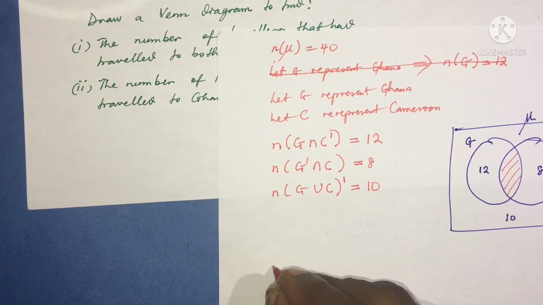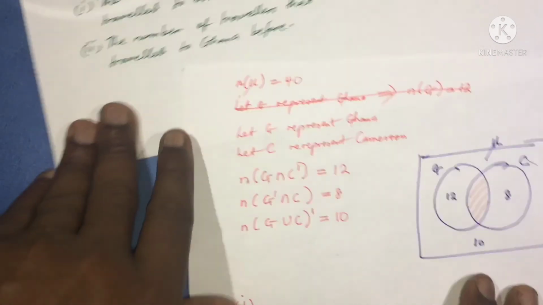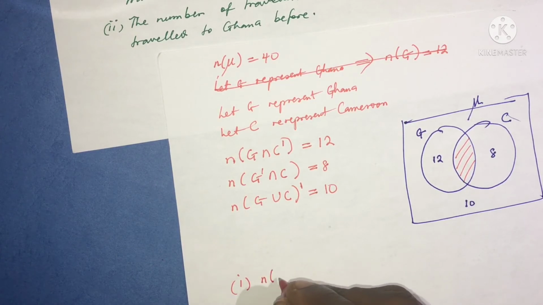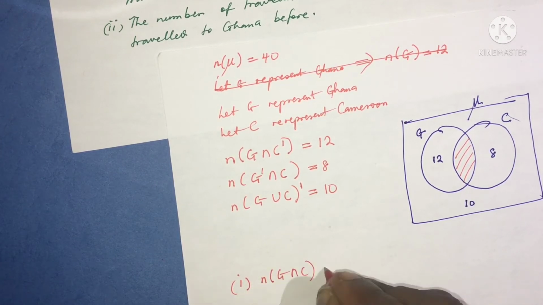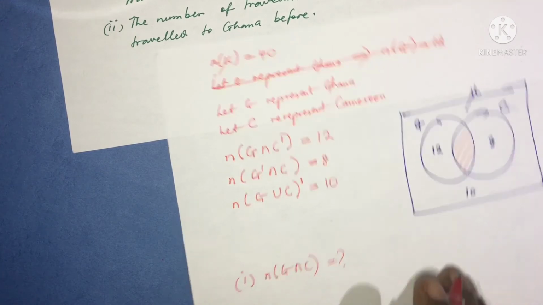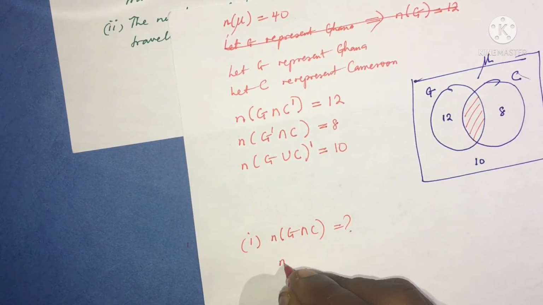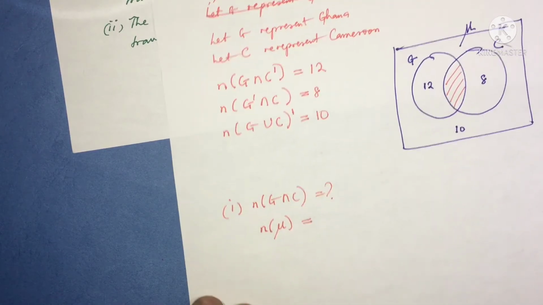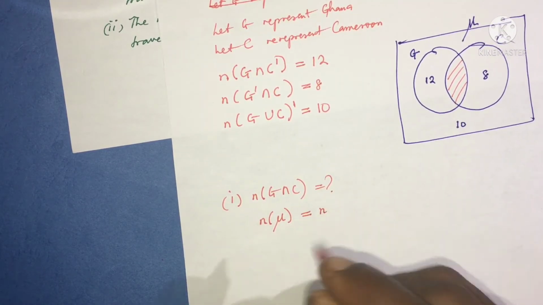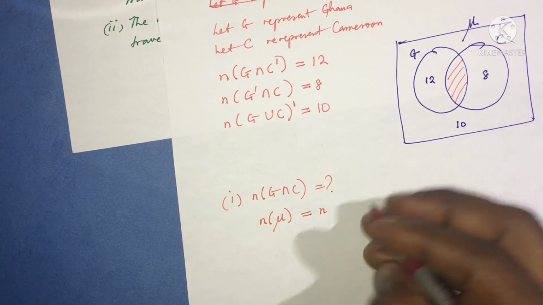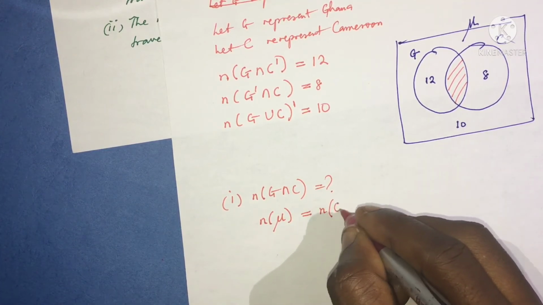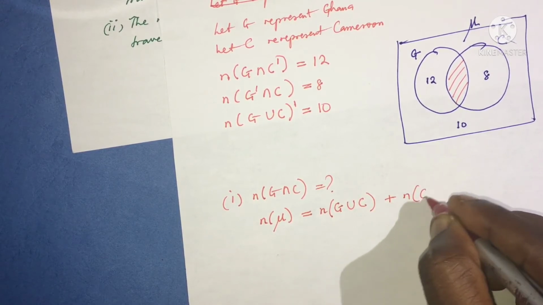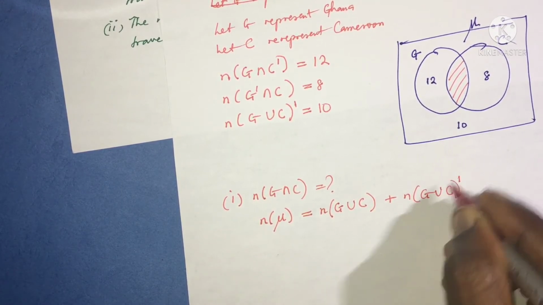So let's see how that is done. Now, the number of travelers that had traveled to both countries is n(G intersection C). That's what we want to find. But if you remember vividly, you will notice that n of the universal set, according to what I explained in our videos on set theory, gives you n(G union C) plus n(G union C) all complement.